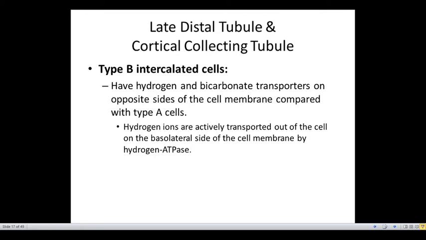So the hydrogen ions are actively transported out of the cell on the basolateral side by the hydrogen ATPase.